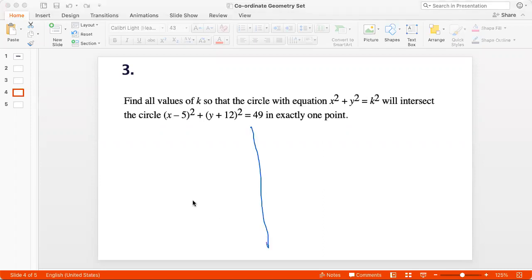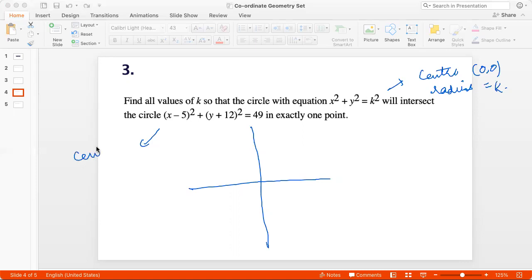Okay, so I have this circle. This circle has the center at the origin and has a radius of k. Okay, and this circle has the center at (5, negative 12) and has a radius of 7.